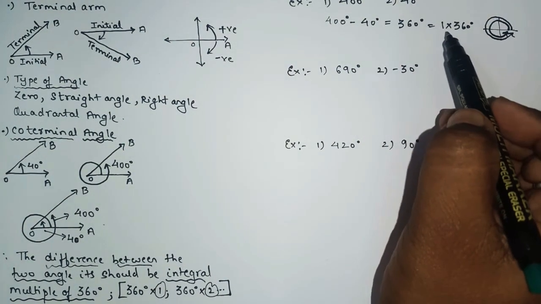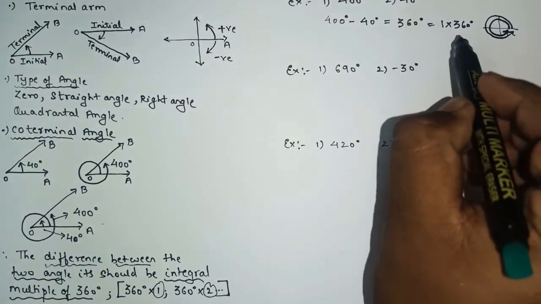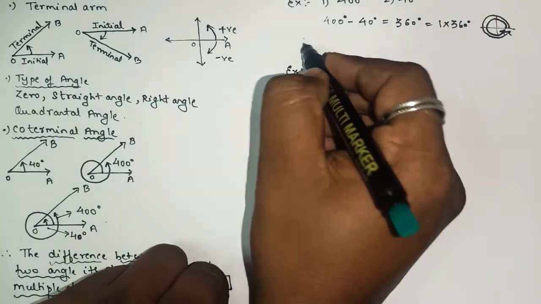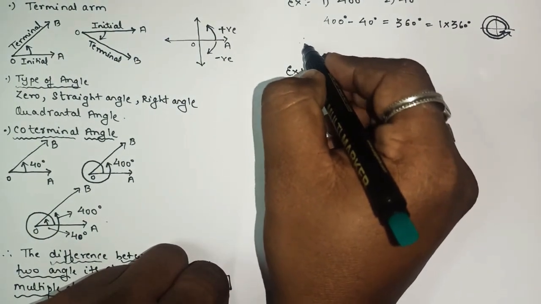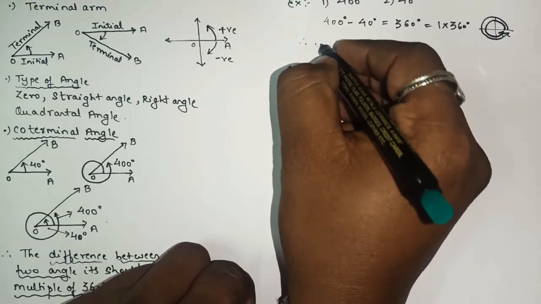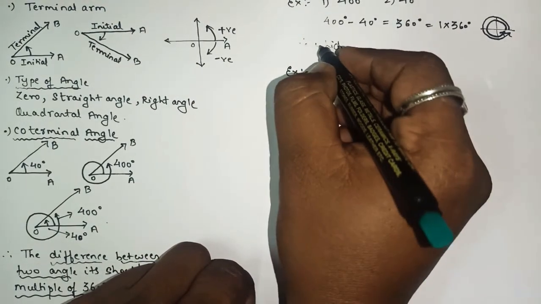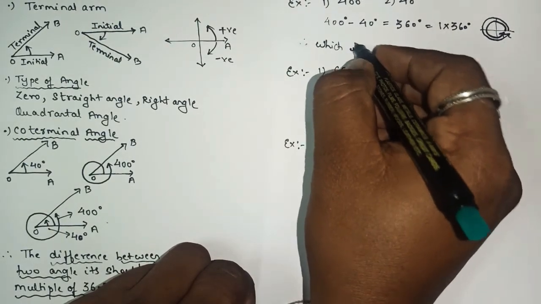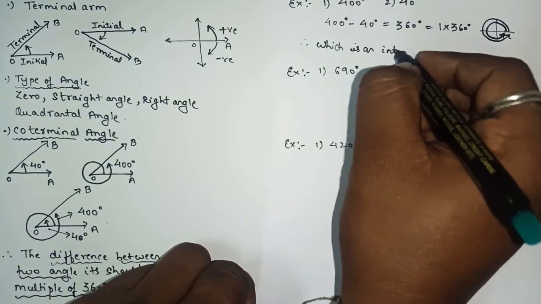So clearly we can see that the difference between them forms an integral multiple of 360. So therefore we can say that the pair of angles, here we can write, the difference between the two angles is an integral multiple.